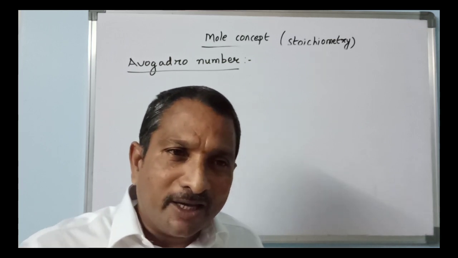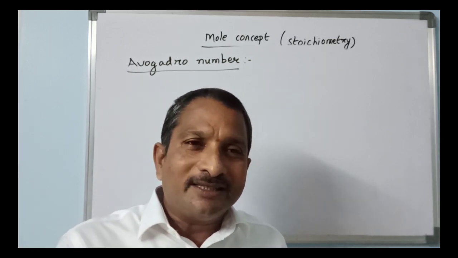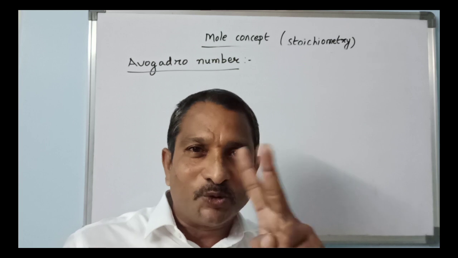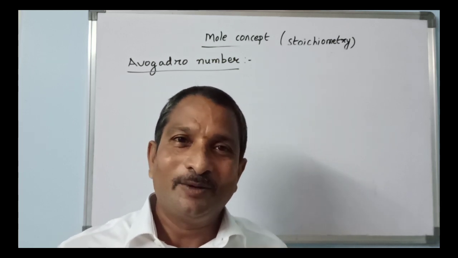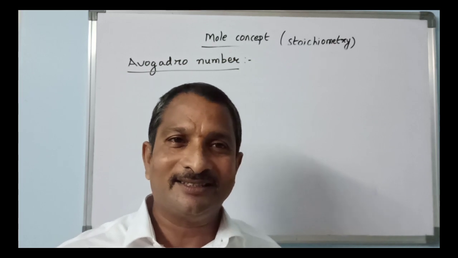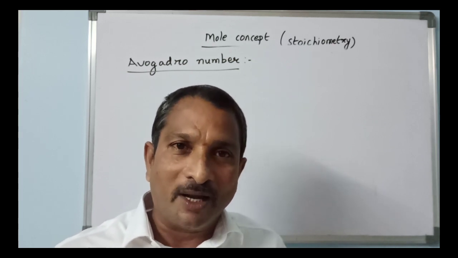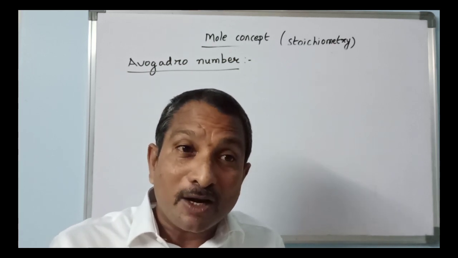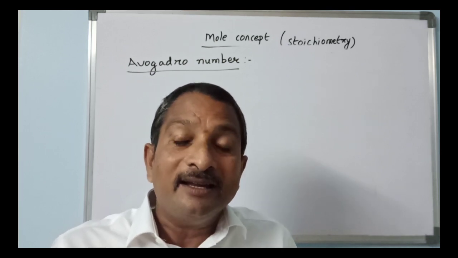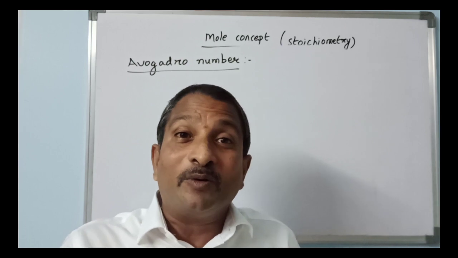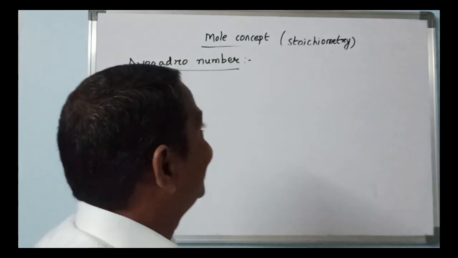How can we explain Avogadro number? See, in our regular life, we are using some words, pair. Pair means 2. Similarly, dozen means 12. Okay, pair of articles, 2 articles. Dozen bananas, 12 bananas. Similarly, Avogadro number is a number that is used in chemistry to explain 6.023 into 10 power 23 units.